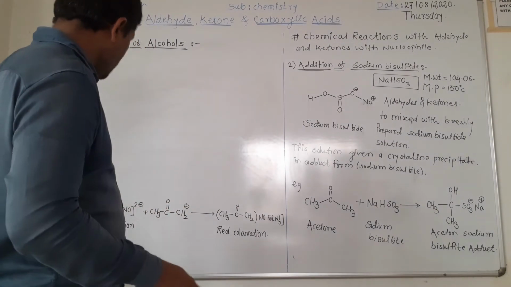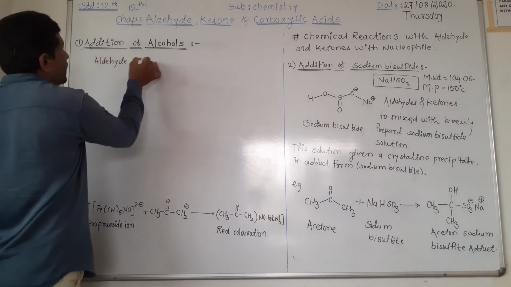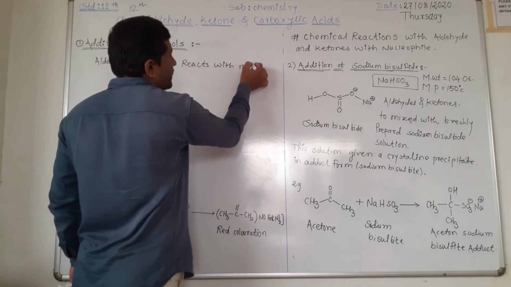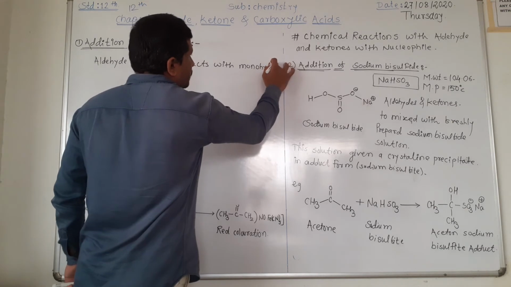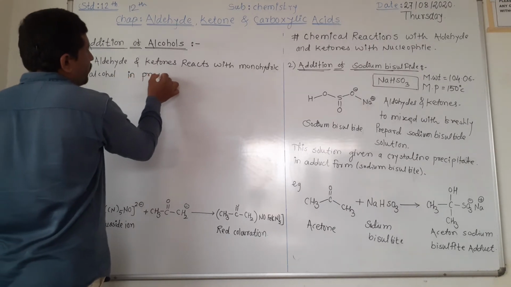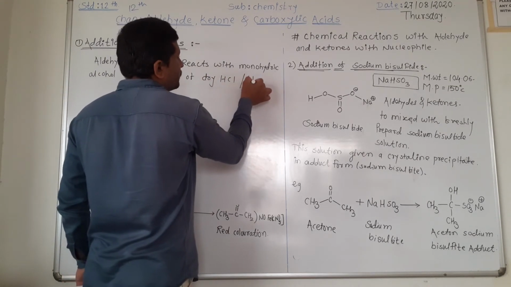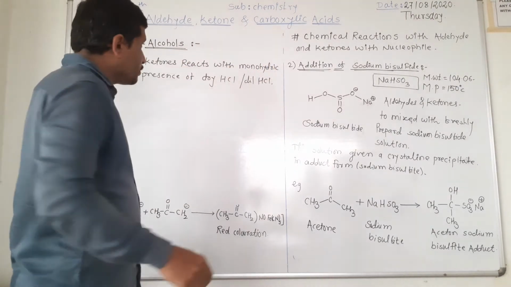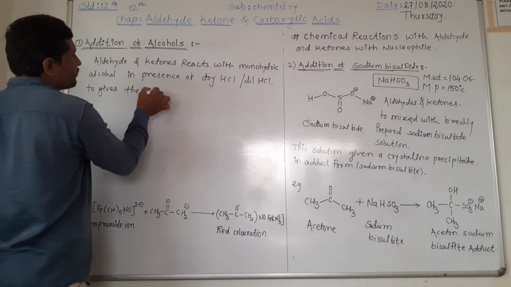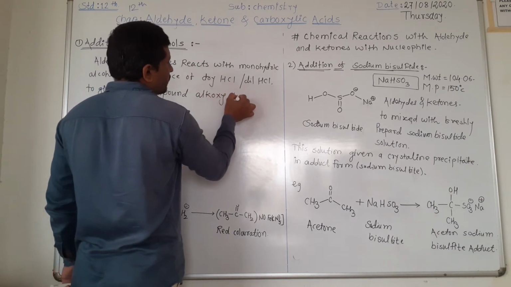Now write down here: when the aldehyde and ketone react with monohydric alcohol in presence of dry hydrochloric acid and dilute hydrochloric acid, they give the compound alkoxy alcohol.